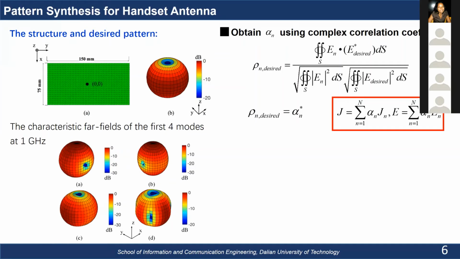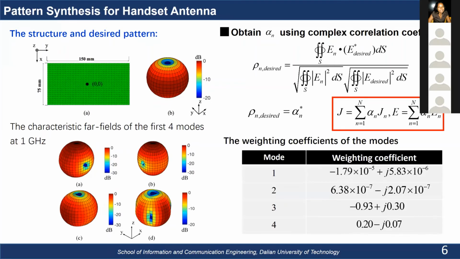With the weighting coefficients, we can then get the synthesized current distribution over the chassis. Those are the weighting coefficients we got for the first four modes. We can see that the third mode is the dominant mode and the fourth mode also contributes to the radiation. So this will become our desired weighting coefficient vector.